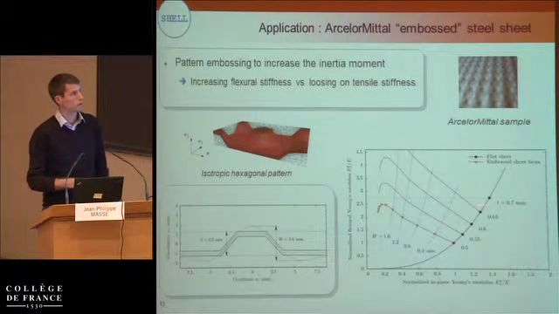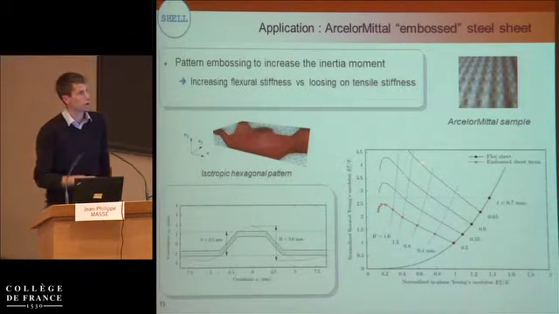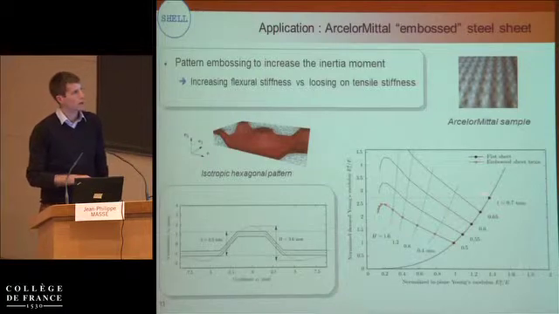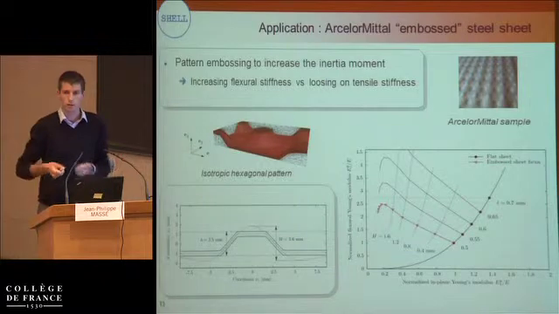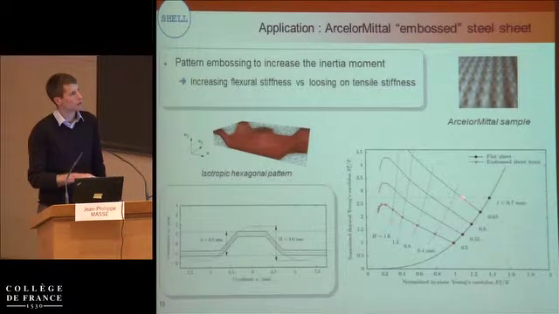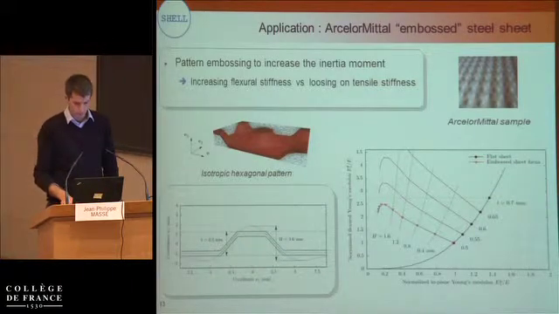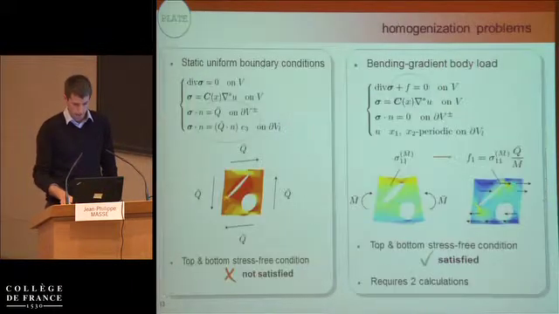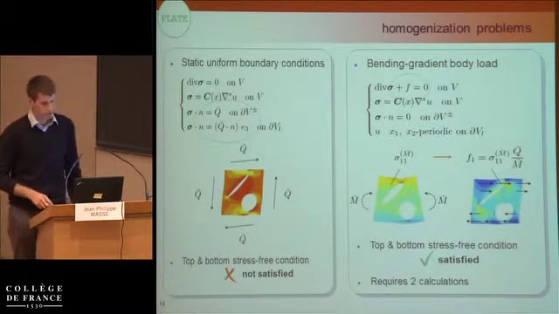For example, if you want to get the same flexural Young's modulus as a sheet with a thickness of 0.7, depending on what you are ready to lose on the tensile in-plane stiffness, you can then gauge your sheet down by 5 to 10%. So that's an example of such a computation.